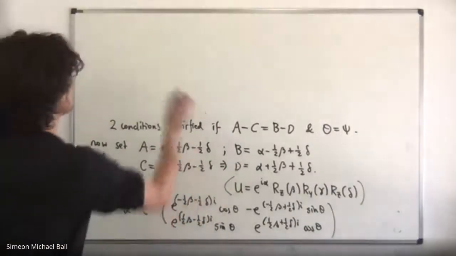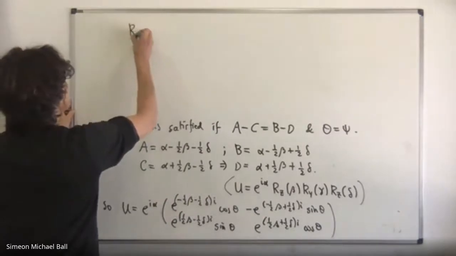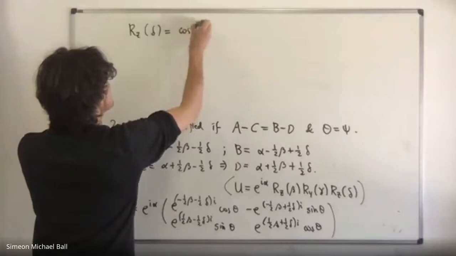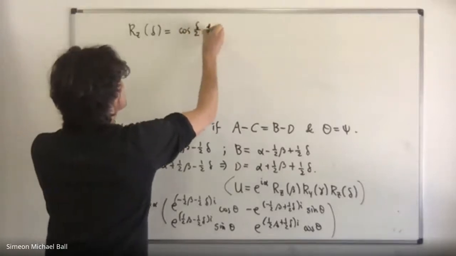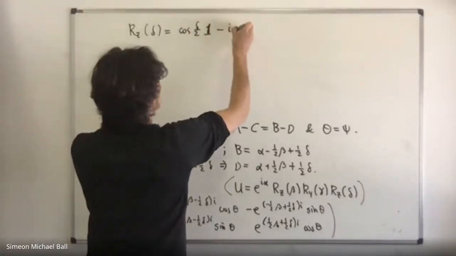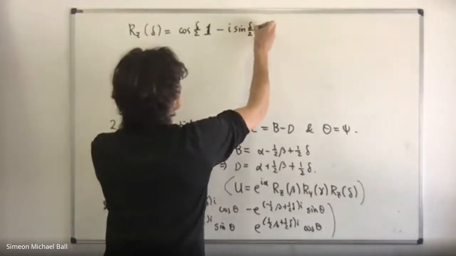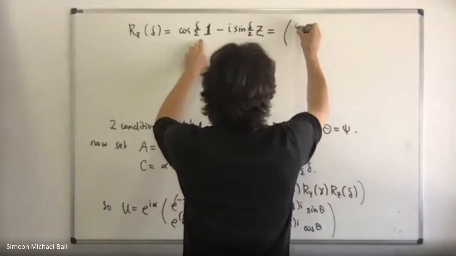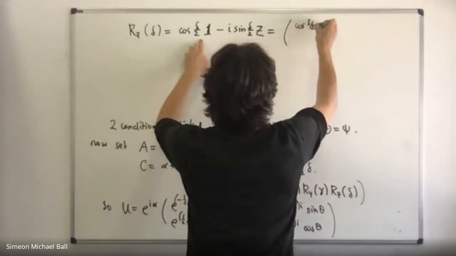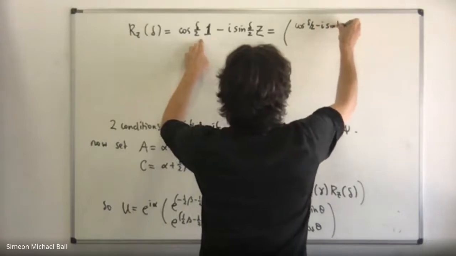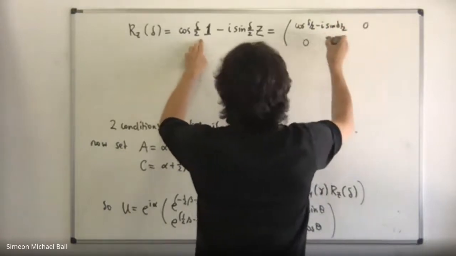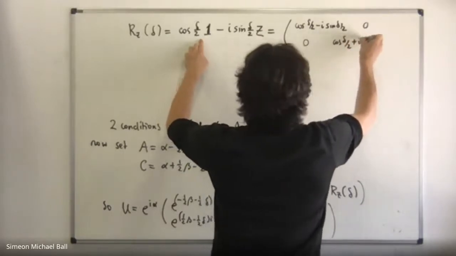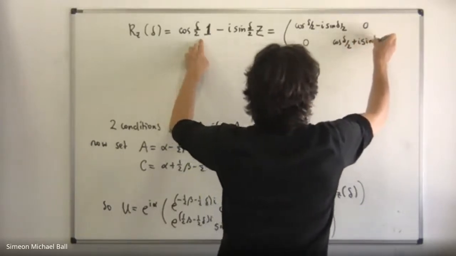So RZ delta, that's cosine delta divided by 2 times the identity minus I sine delta over 2 times Z, which is a matrix: cosine delta over 2 minus I sine delta over 2, 0, 0, cosine delta over 2 plus I sine delta over 2.